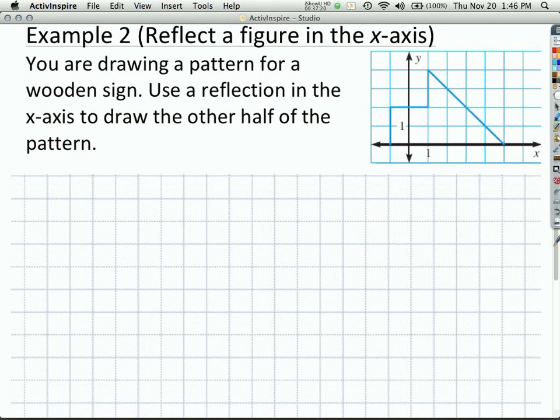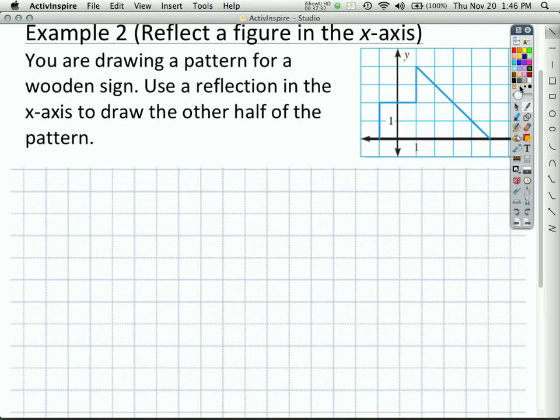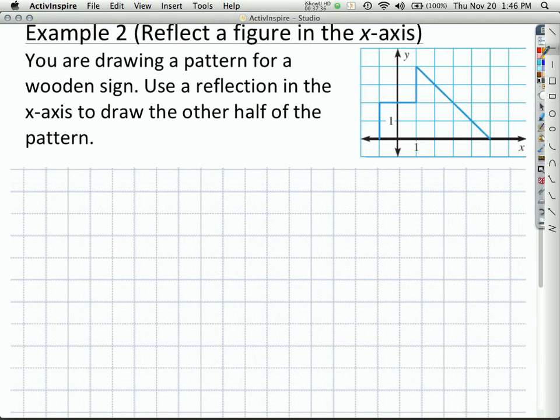So what will happen with a reflection? So I have an original picture here. I'm going to redraw it. You're going to draw it yourself. So we need a coordinate grid set up again. Let's see, how many do I need? 1, 2, 4.